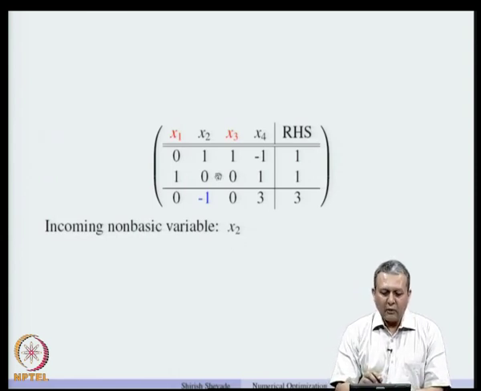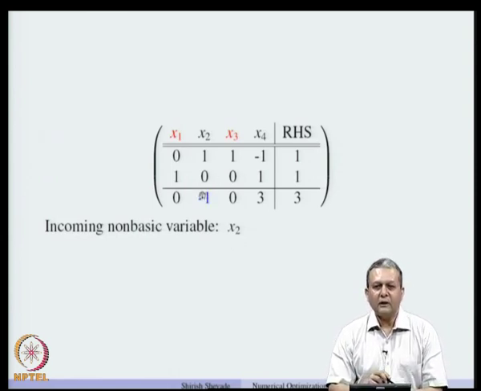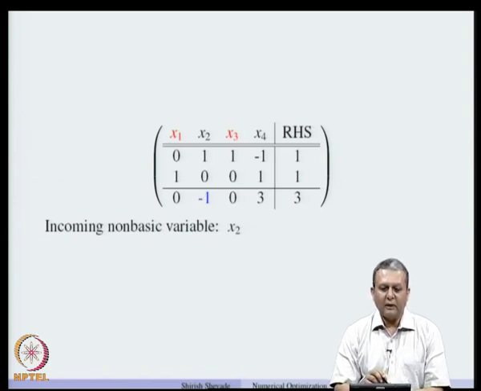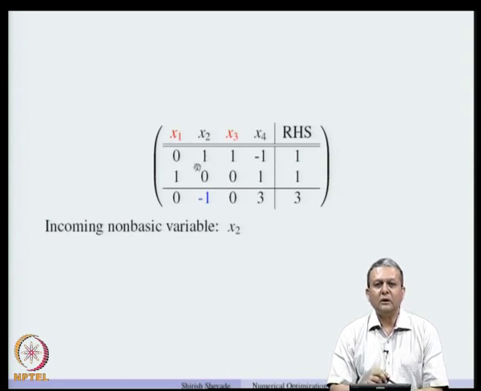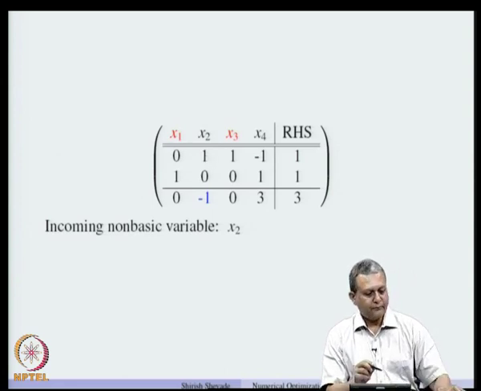So, in this column we collect all the entries which are strictly positive and find the minimum ratio. Now, in this column you will see that only this entry is positive, the other entry is 0. So, obviously x3 is the candidate, because this row corresponds to the variable x3. So, x3 is the candidate which should be made non-basic.